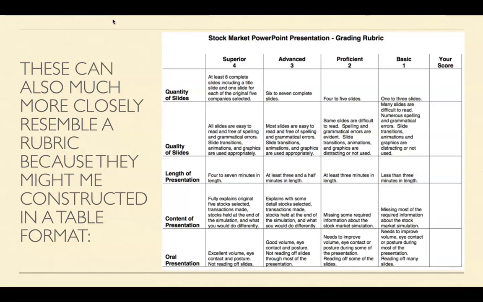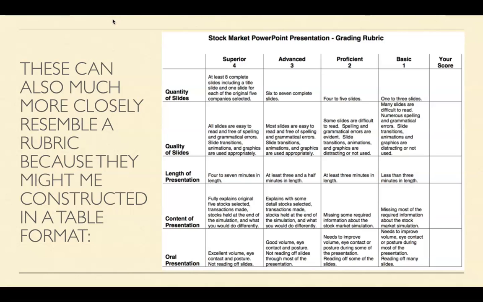These things can also more closely resemble a rubric just because they might be created as a table, even with a kind of rating scale within that table. But really, this example here, even though it says a grading rubric at the top, is a bad example of a general rubric. This is a checklist in the form of a rubric.